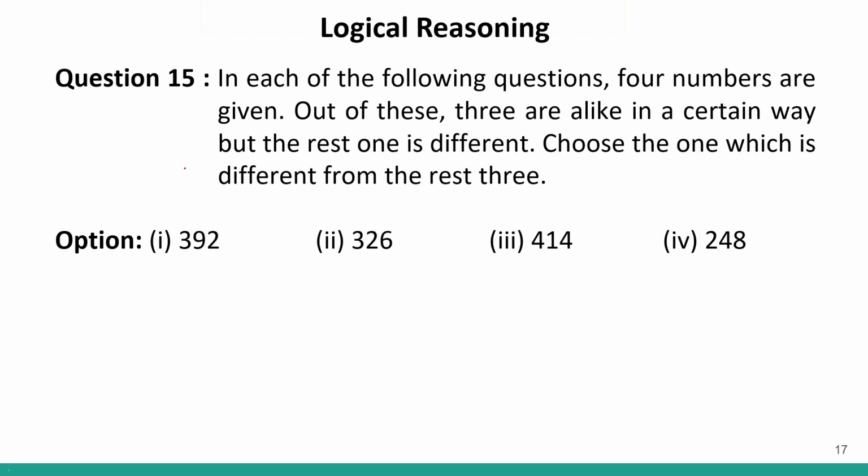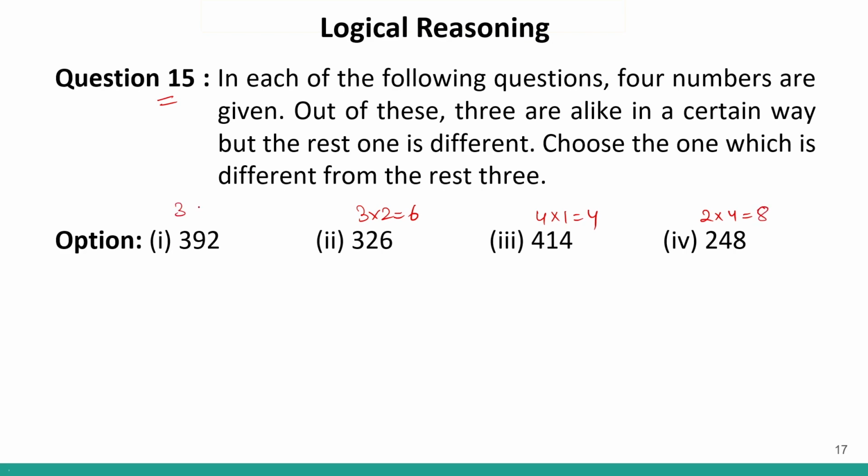Now, question number 15. We have 392, 326, 404 and 248. Just by looking at the question, I can see that 3 into 2 gives me 6, 4 into 1 gives me 4, and 2 into 4 gives me 8.